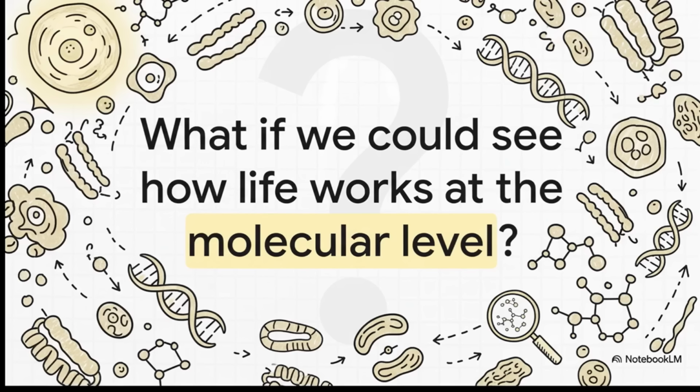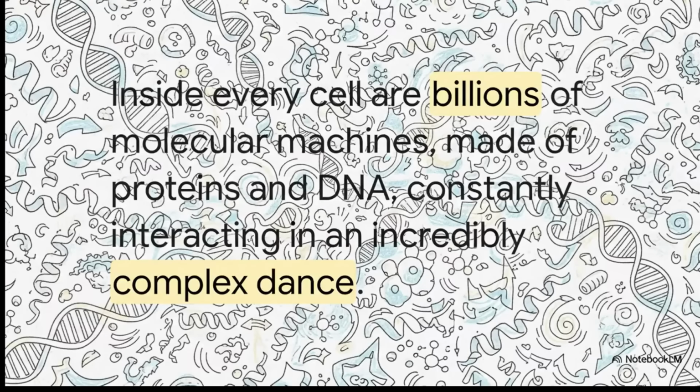Imagine being able to watch the actual machinery inside your cells, not just guessing, but seeing exactly how all the pieces fit and move together. Because that's what's happening right this second. Inside every single one of your cells, there are literally billions of tiny molecular machines. We're talking proteins, DNA, RNA, and they're all locked in this constant, incredibly complex dance. And that dance, well, that's life. That's what's keeping you going.